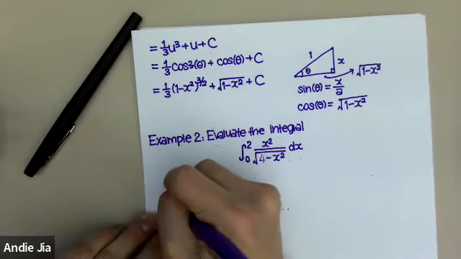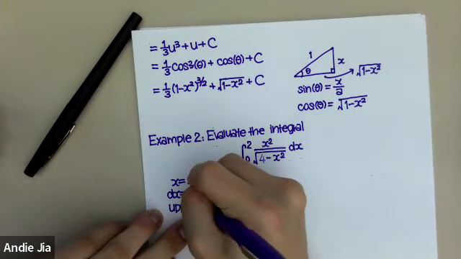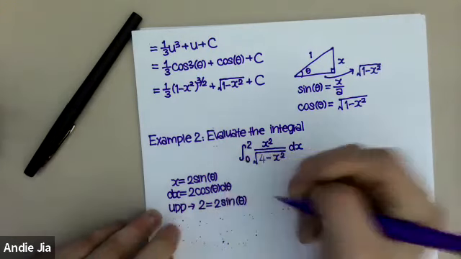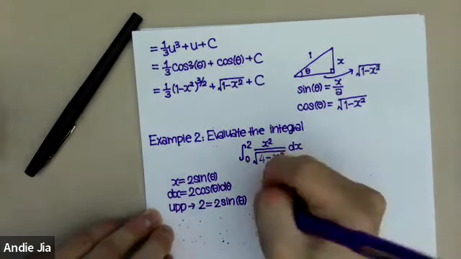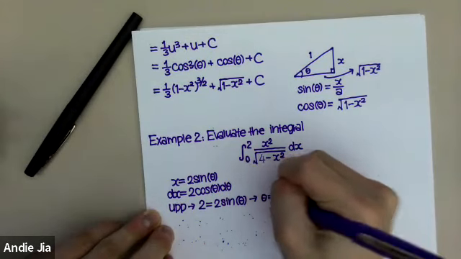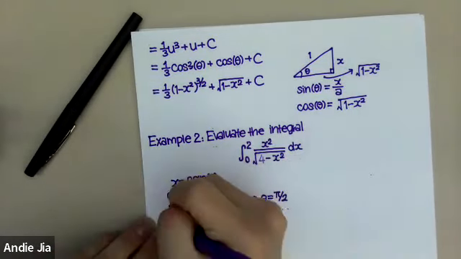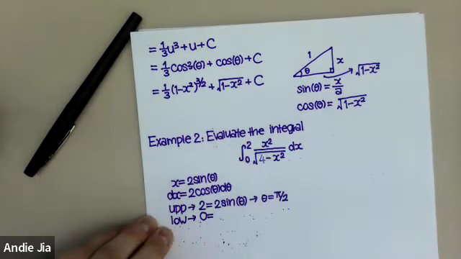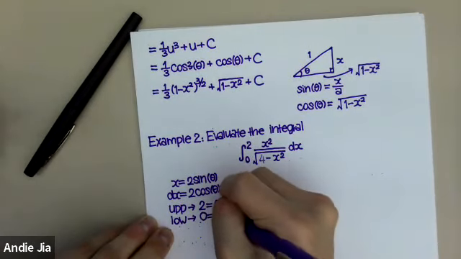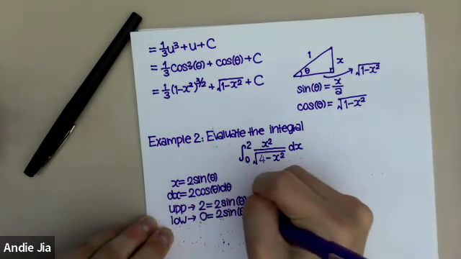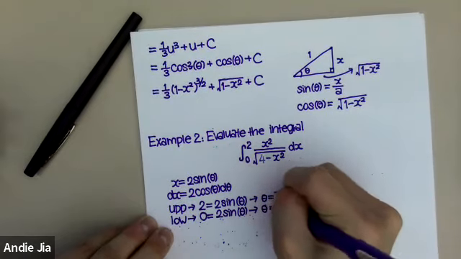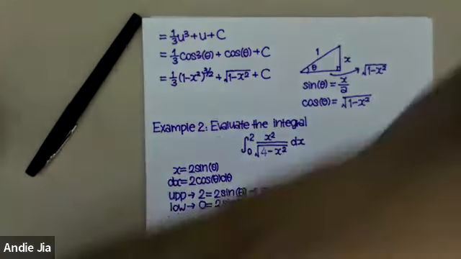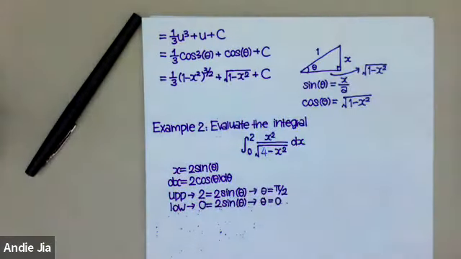So upper bound: 2 equals 2 sine of theta, so theta is pi over 2. And lower bound: 0 equals 2 sine of theta, so theta is 0. So for any definite integral, you must change the lower bound and upper bound.